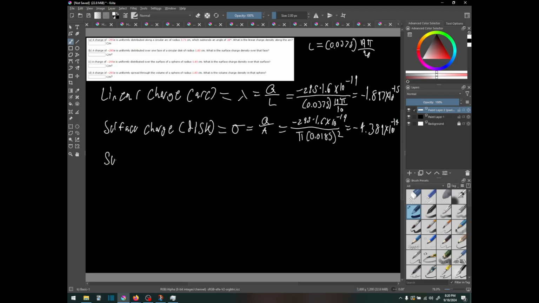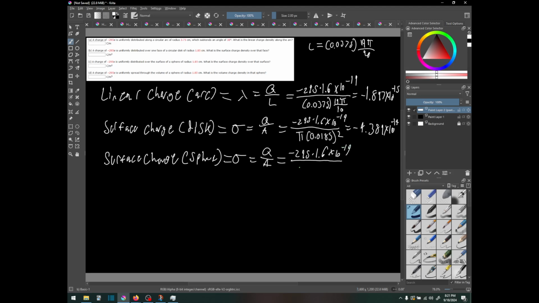Now we have, again, surface charge of a sphere, which is still equal to this, surface charge, Q over A. Negative 295 times 1.6 times 10 to the negative 19th.